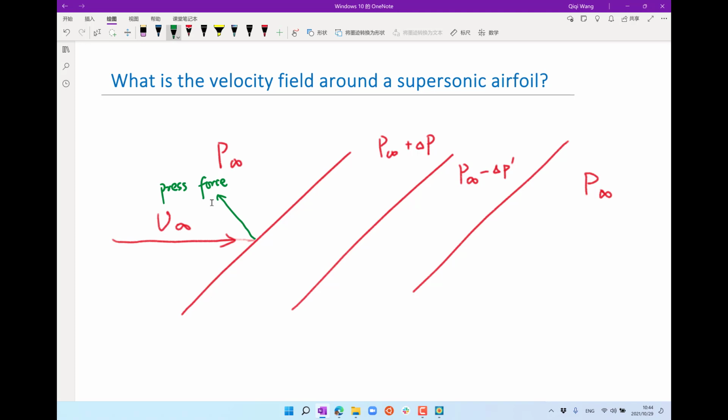So how would the velocity as a vector respond to the force? Yeah, it has to go upward a little bit, right? If you expand the velocity into two components, one component is tangential to the shock, or tangential to the pressure contour, and that would not change at all. But the component orthogonal to the shock would be reduced, right?